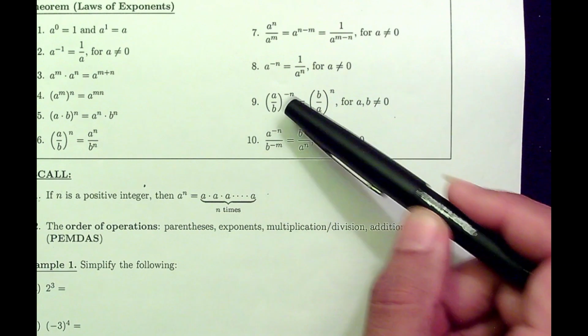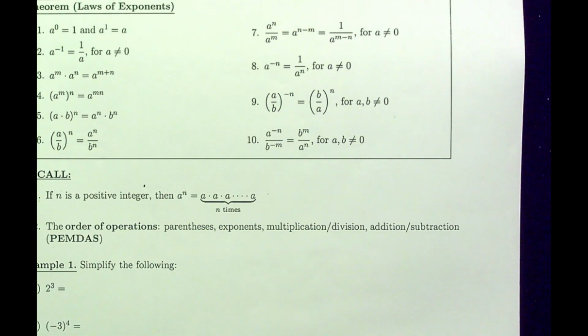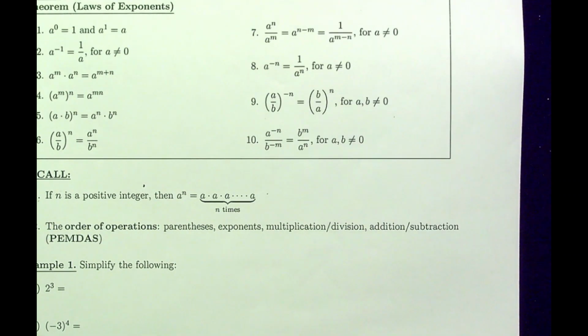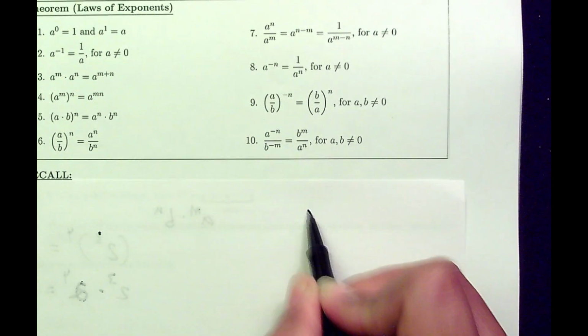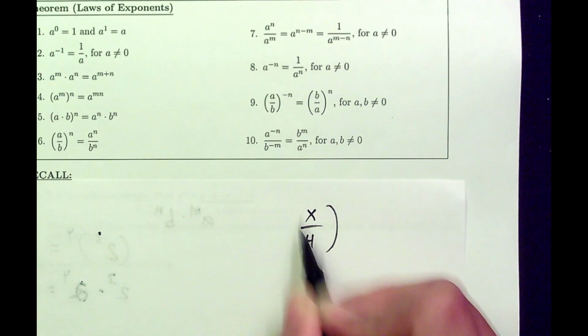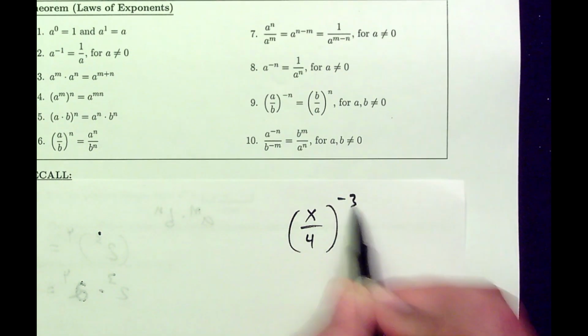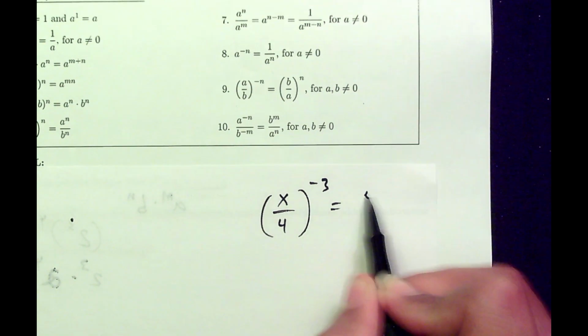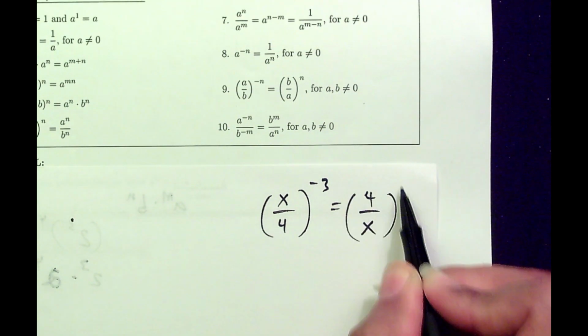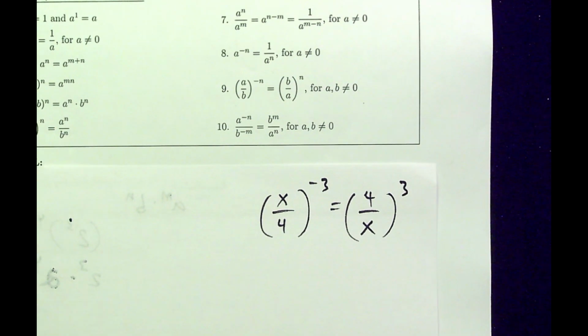If you had a negative exponent that is being applied to a fraction, you can flip the fraction and get rid of the negative sign. So if you had x over 4 to the negative 3, that would be the same as flip and keep the positive exponent.